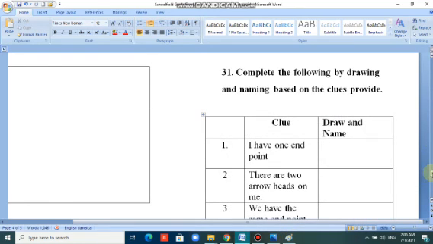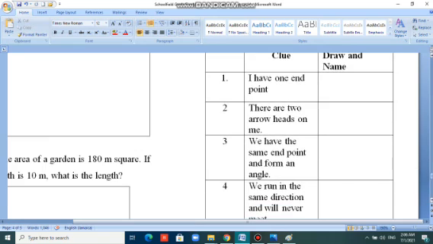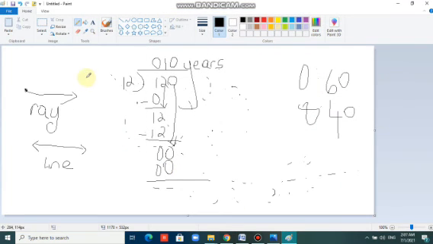So, there are 2 arrowheads on me and you see the 2 arrowheads. Alright? So, we have two endpoints and form an angle... it must be something like this.